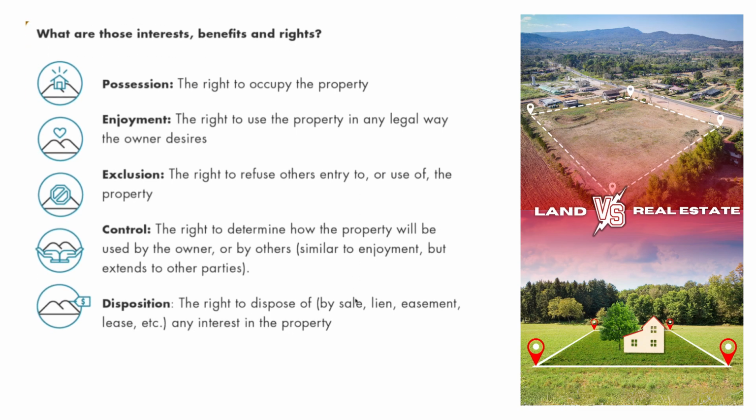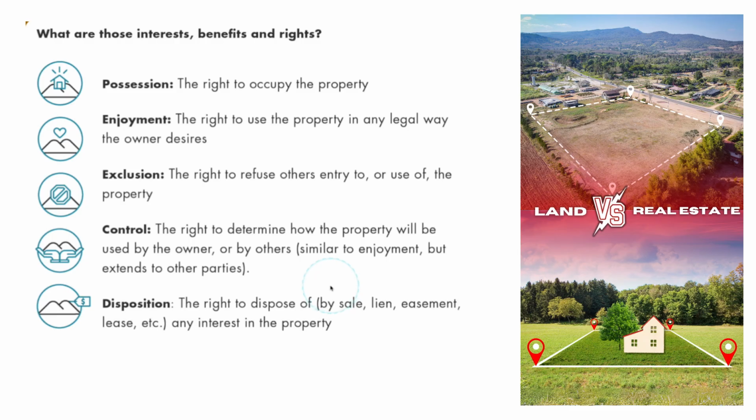Possession, the right to occupy the property. Enjoyment, the right to use the property in any legal way the owner desires. Exclusion, the right to refuse others entry to or use of the property.